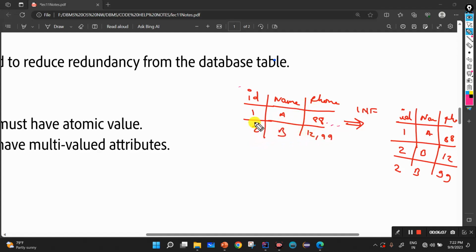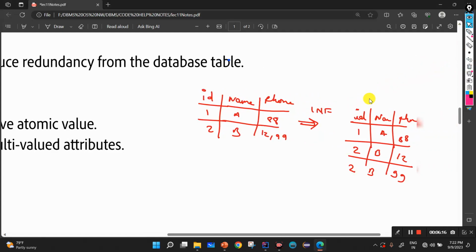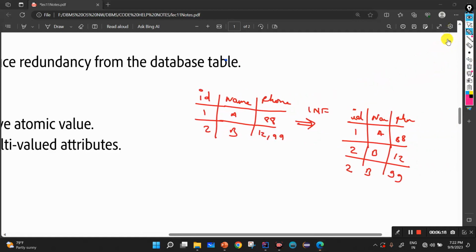Now in our second tuple, you can see there is a multi-valued attribute. If there is a multi-valued attribute, we have to convert it into 1NF, meaning we need single-valued attributes. So what we did here in our 1NF is put the 99 into the second tuple.